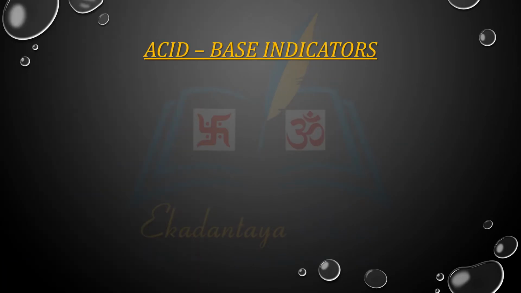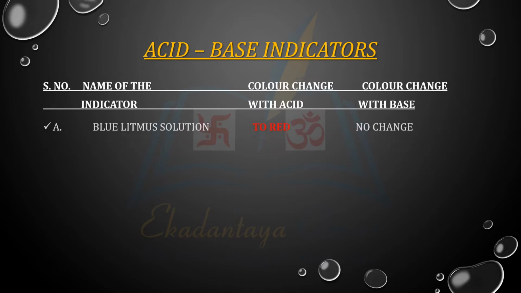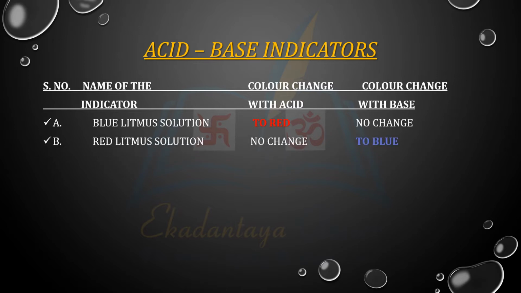Now let's see acid-base indicators. Blue litmus solution, when it reacts with acid, it turns red, and when it reacts with base, no change takes place. Now red litmus solution, with acid, no change takes place, and when base reacts, it turns blue. Turmeric, no change takes place and with base it turns to red color.